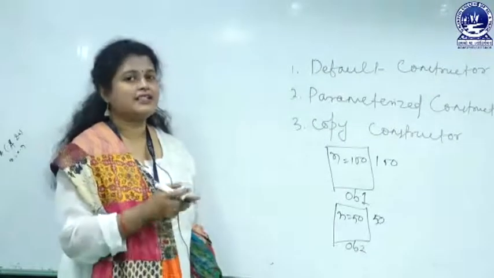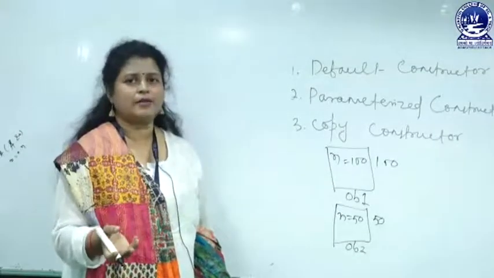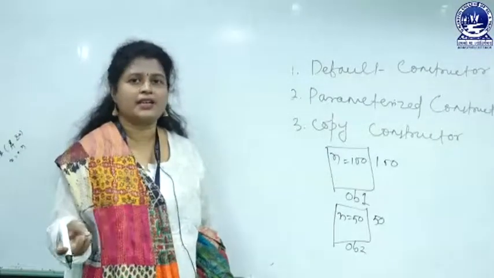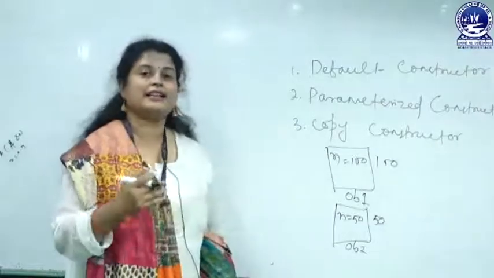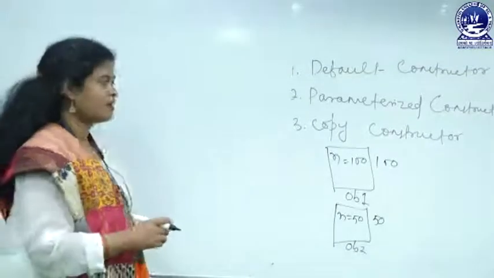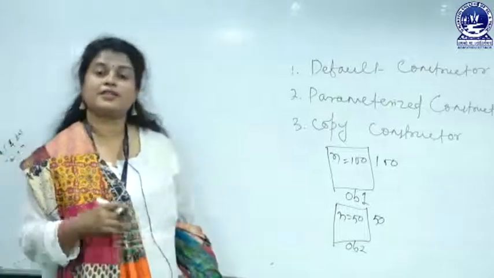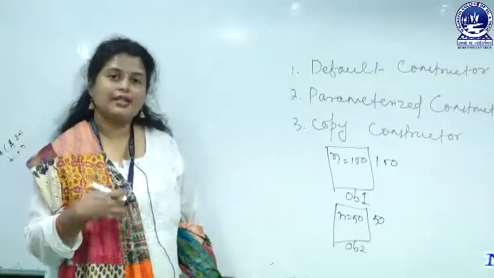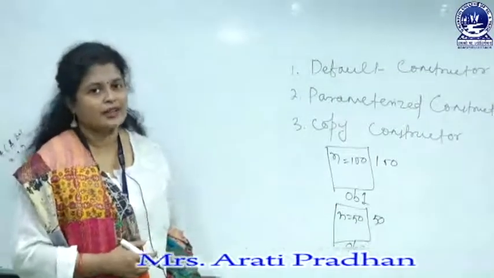In a parameterized constructor, you can pass any value, any sort of parameter like int, float, char, double, etc. But a copy constructor is generally restricted to an object as argument. Now I am taking one example, but before that I want to tell you that when you are passing arguments, you can pass call by value, call by address and call by reference.